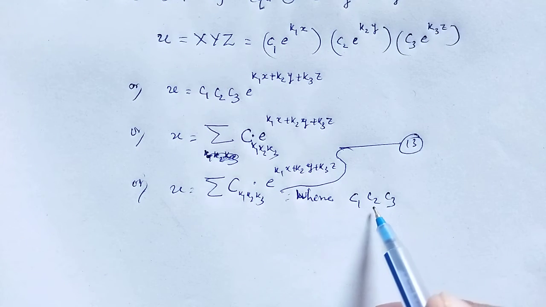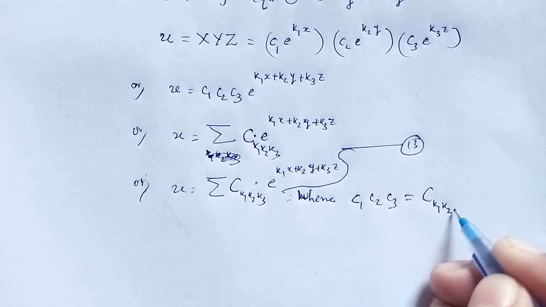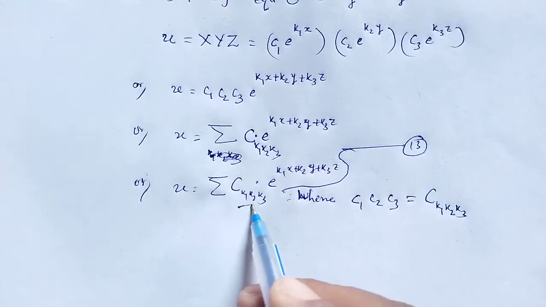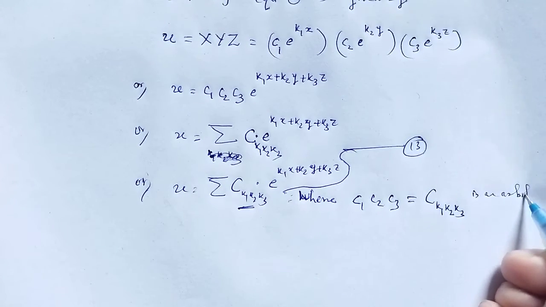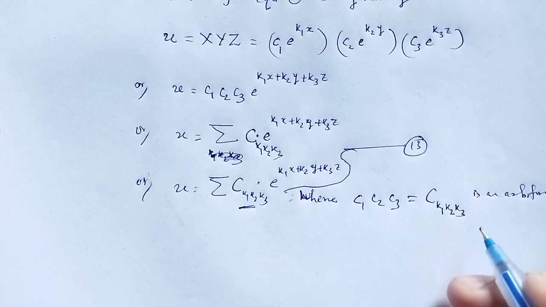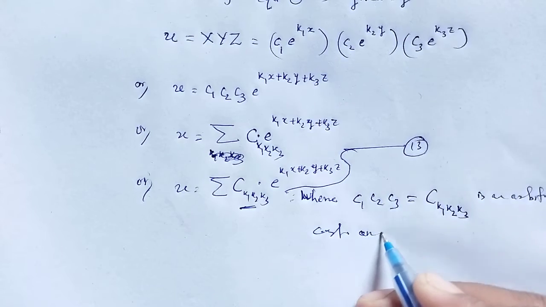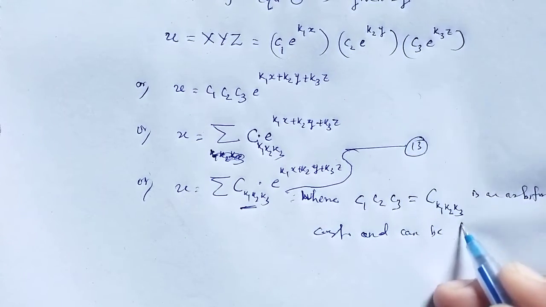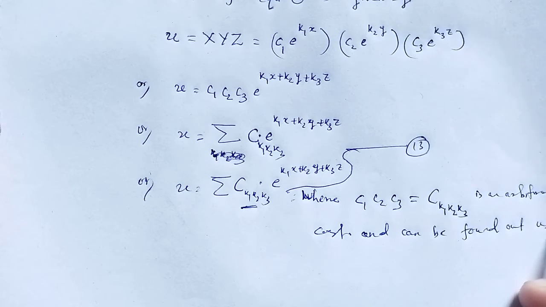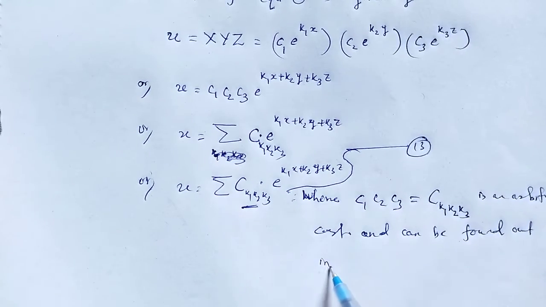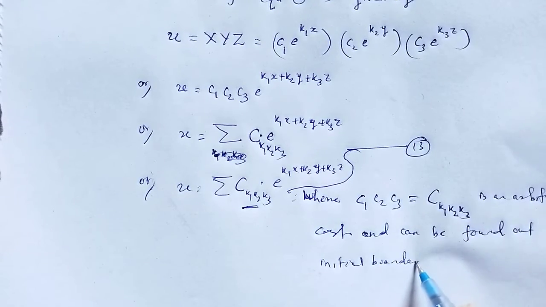That means C1, C2, C3 is the same as C of K1, K2, K3, an arbitrary constant, and can be found by using initial and boundary conditions.